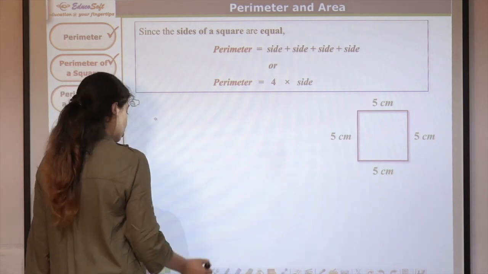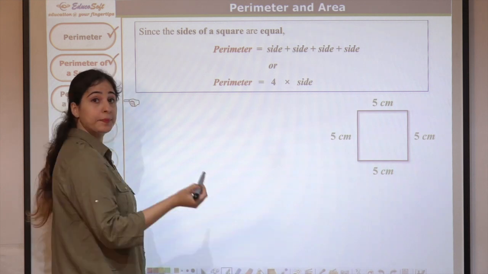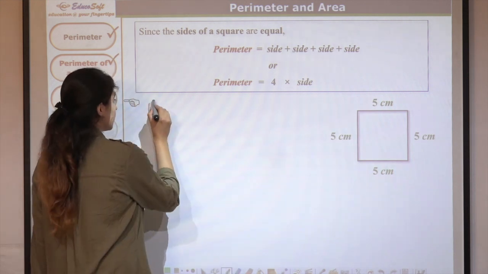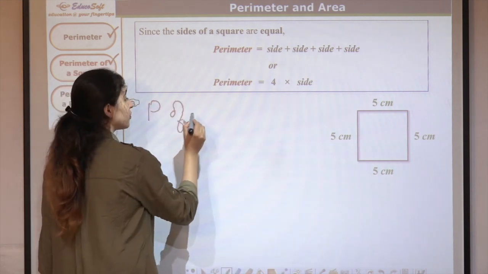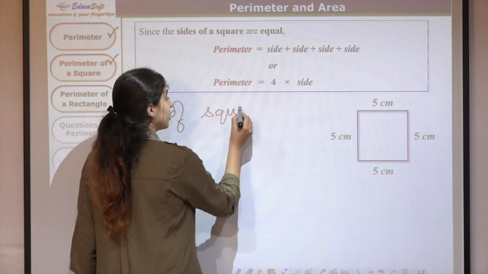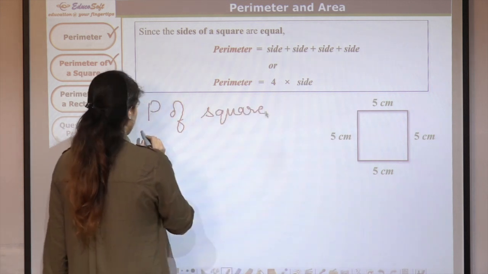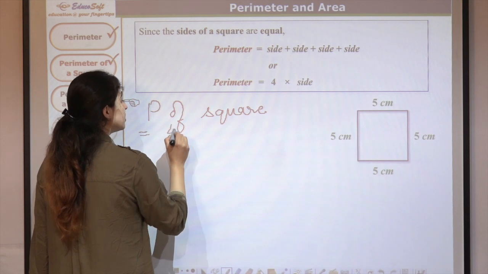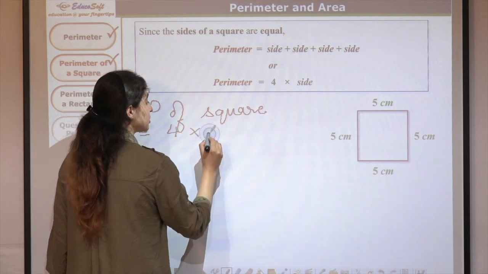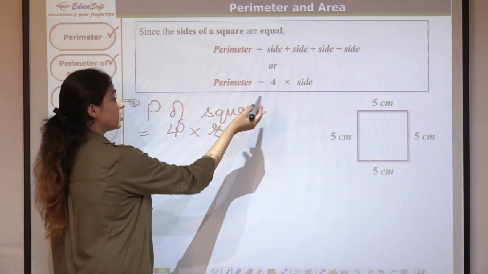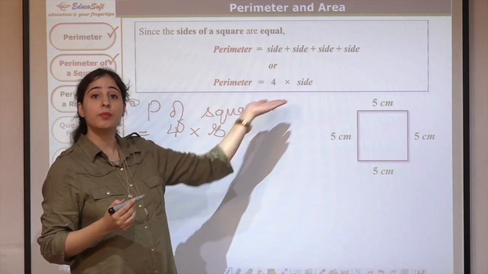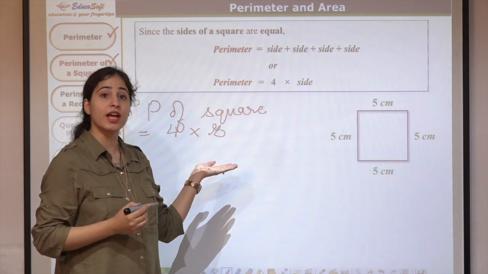Perimeter we denoted by the symbol P, capital P. Perimeter of square is 4 times S. S is, we are denoting side by the small letter S.